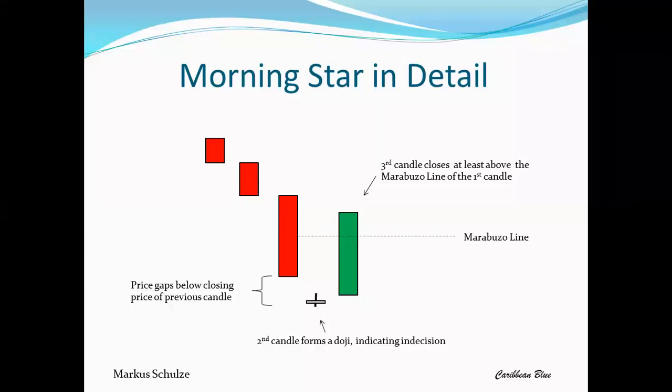When we talk about gap, the opening price of the second candle differs from the closing price of the previous candle. Depending on your definition of gap, we are talking about either just a slight gap, or it has to gap even lower than the low. So if this candle here were to have a wick, ideally it gaps even below the lowest price of the wick, and that's an even stronger indication.